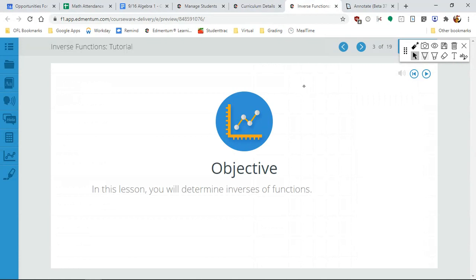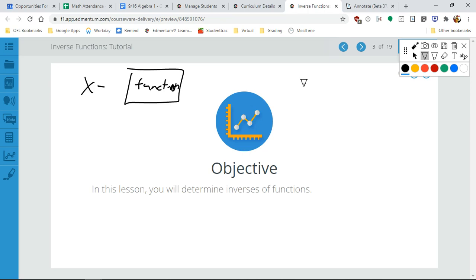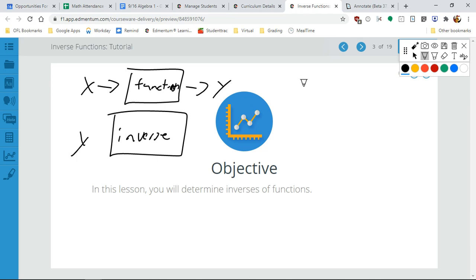Thanks for reminding me. The easiest way to think of a function is this idea that a function is kind of like a machine. So here's our function. And our function normally takes an x and spits out a y. An inverse function treats a number as if it was a y. It goes into the function and spits out an x.